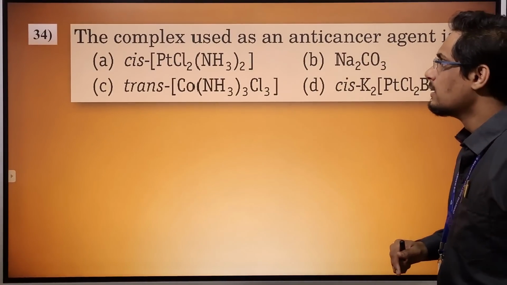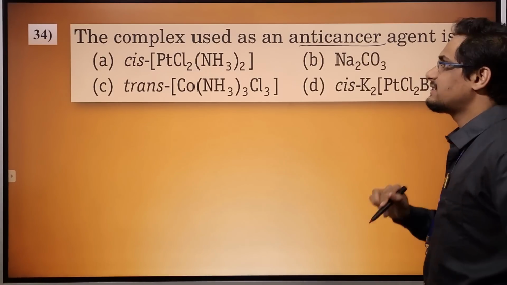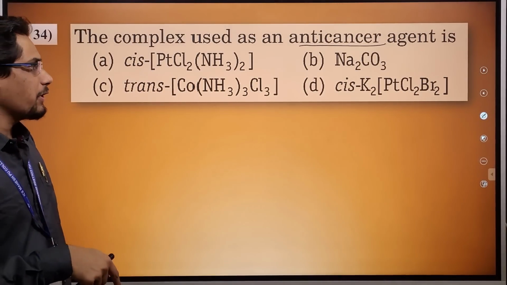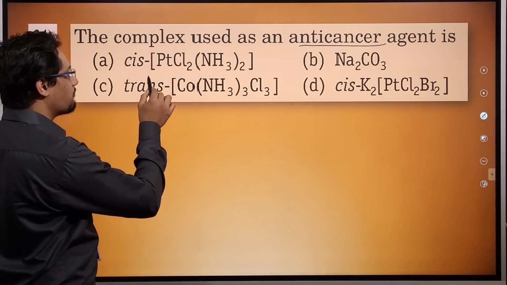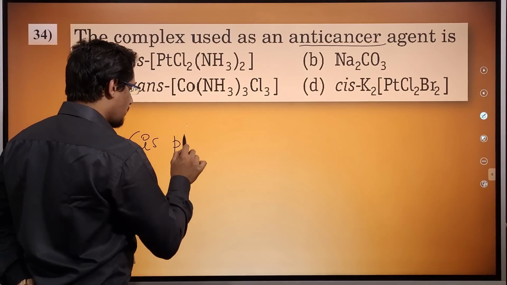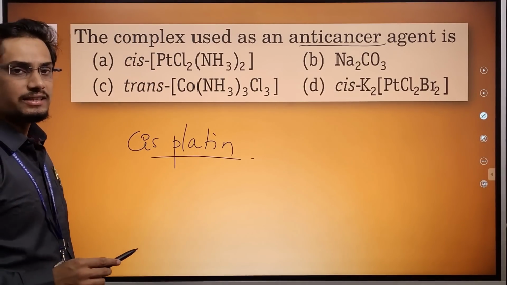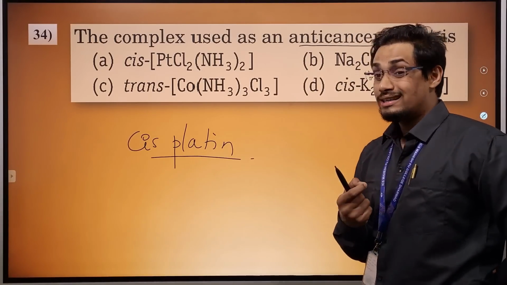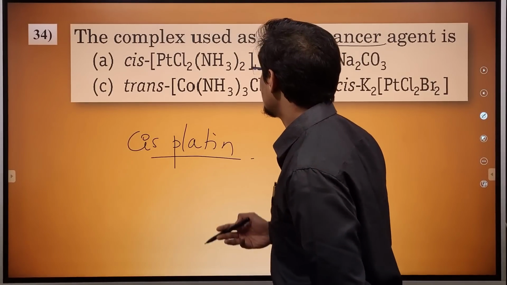Next question. The complex used as an anti-cancerous agent. You have learned in your first chapter of first PUC as well as D and F block elements that the most important compound used as an anti-cancerous agent is cisplatin. What is cisplatin? Cisplatin is nothing but cis-diamminedichloridoplatinum(II) complex, right?